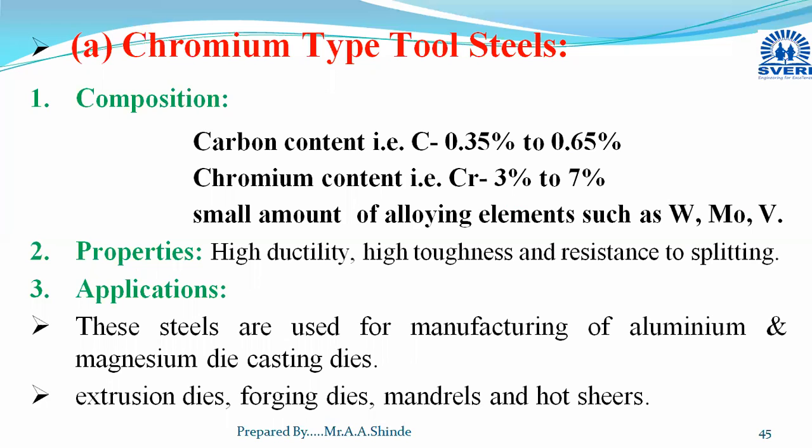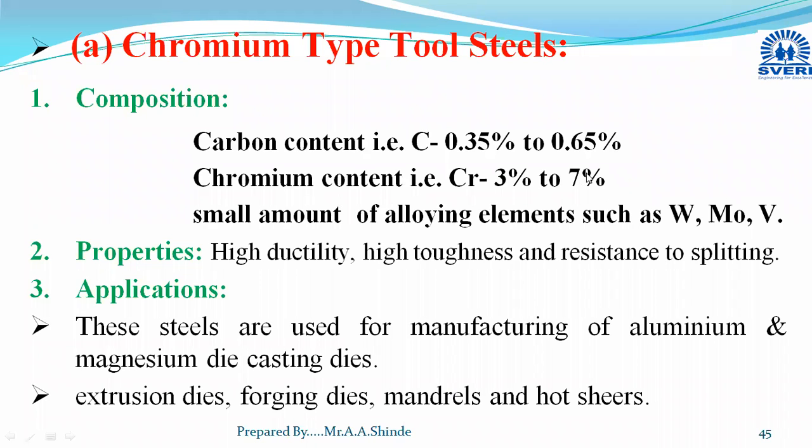Okay, now this is the first type of hot work tool steels, this chromium type tool steel. Now, generally it is a medium carbon steel, and carbon content lies in the range 0.35% to 0.65% with principal alloying element as chromium, and this chromium is present in the range of 3% to 7%.